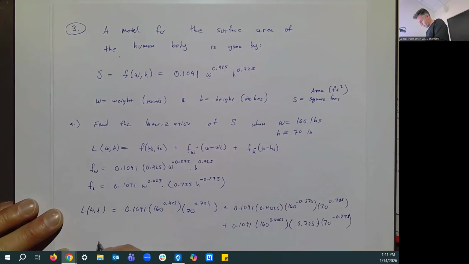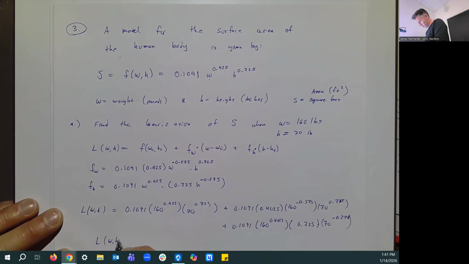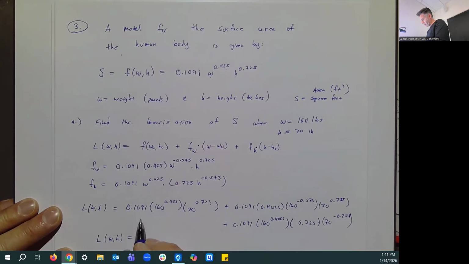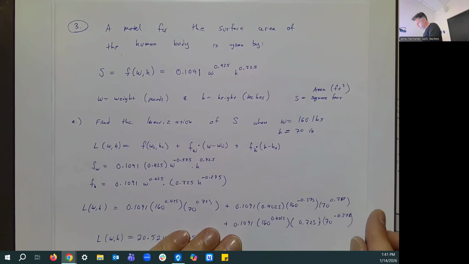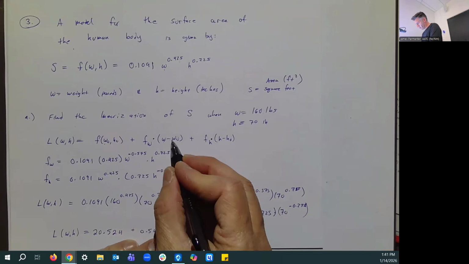Simplifying this, we get that our linearization is going to be, I'm going to say equal to, even though I'm approximating some stuff here. This number here is about 20.524 plus 0.546 times W minus 100. Oh, I forgot some pieces here. I forgot here the W minus 160.